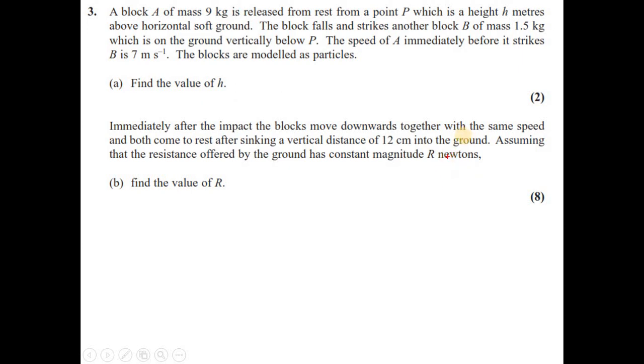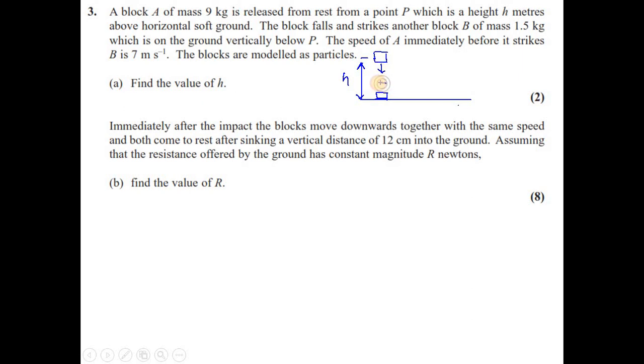So the situation is, you have the ground, and on the ground you have a block B here, and the ground is soft, remember. You drop a block A from some height, this is the height h, and it is falling down.